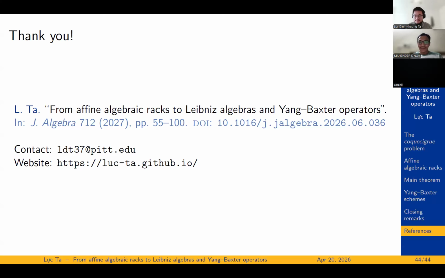All right. So maybe I have a naive question. For racks, you can define the structure group, right? Which, if you look at the solution level, corresponds to the structure group of the solution. So for an affine algebraic rack, will the structure group have an affine algebraic group structure or something?